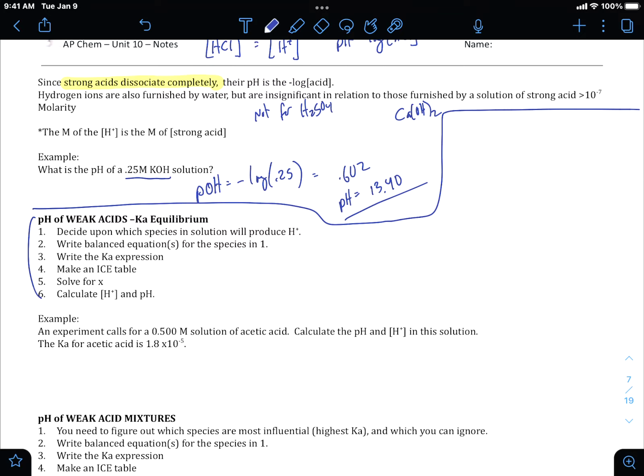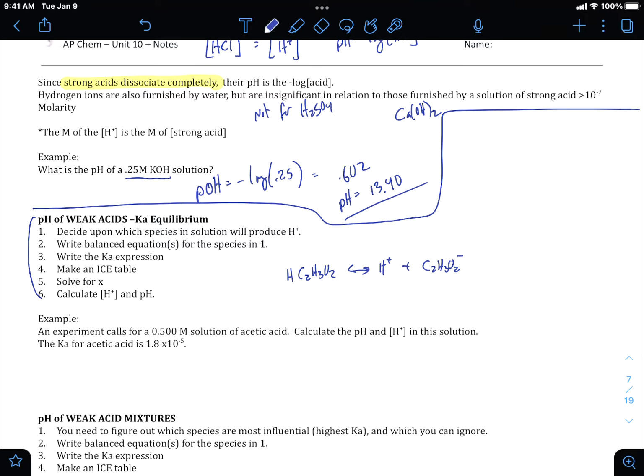So let's say we have acetic acid, HC2H3O2. I am writing this equation without water. Water is not required because if I did include water, it just means I'd be forming H3O plus instead of H plus.